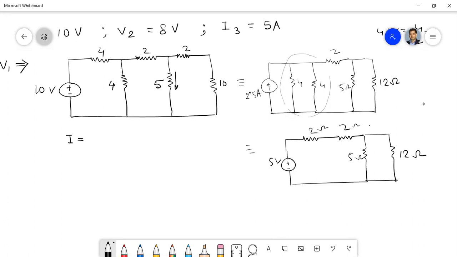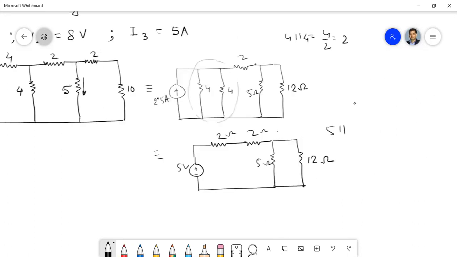So 5 and 12 are in parallel. What is the value you will get? What is the equivalent? 5 into 12 divided by 5 plus 12, that is 60 by 17. Okay, so this value you will get.